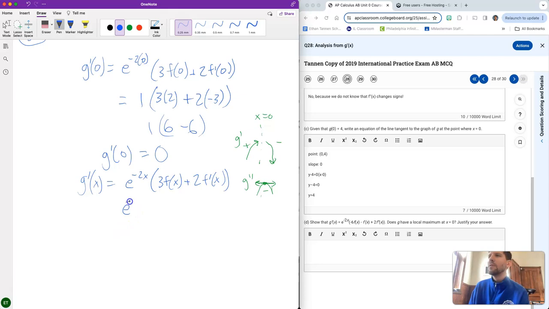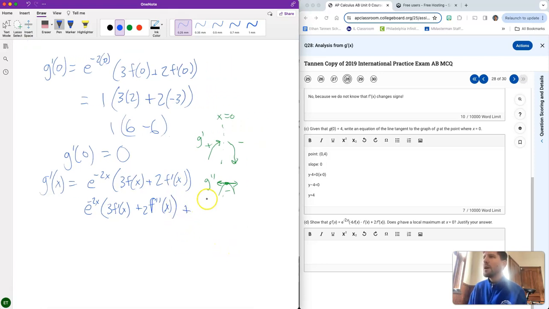Product rule: left d right, that's just 3 f prime of x plus 2 f double prime of x, because the derivative of the derivative is the second derivative, plus right, so just take the right part as it is, d left.